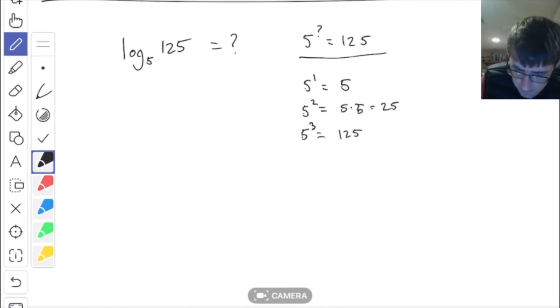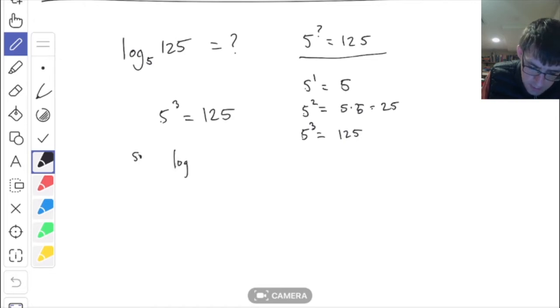So that's the answer, 5 to the 3. So 5 to the 3 is 125, and so that means the log base 5 of 125 is 3.